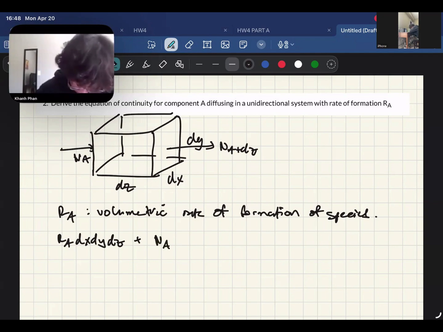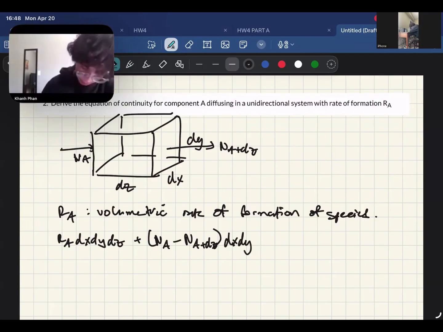So NA minus NA plus dz, times the surface area dx dy, is equal to the change of concentration of A with respect to time times dx dy.